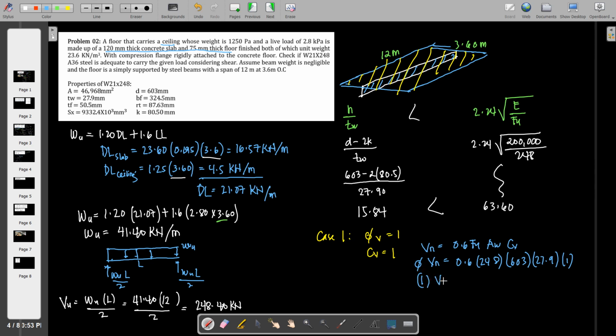So therefore, Vn is equal to 2,503,366 Newton. So phi Vn is simply 2,503.37 kilonewton, which is very much greater than your VU of 248.4 kilonewton.